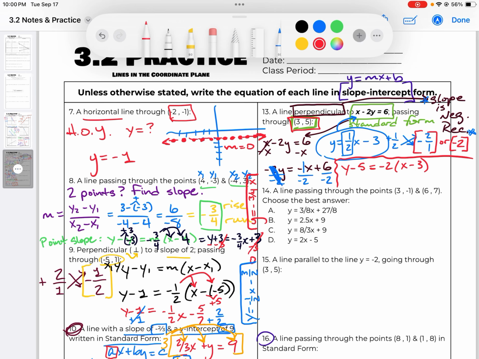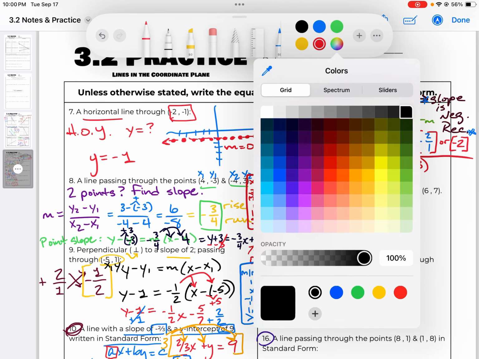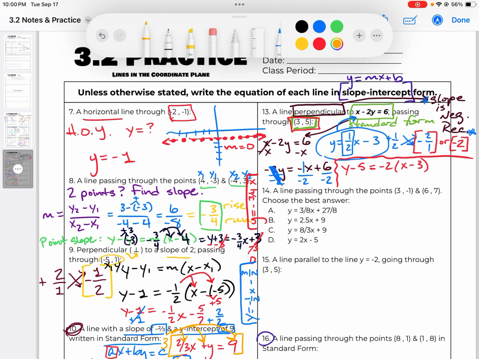And so what I need to do is distribute that -2. So I get y minus 5 equals -2x, and a -2 times a -3, negative times a negative gives me a positive.